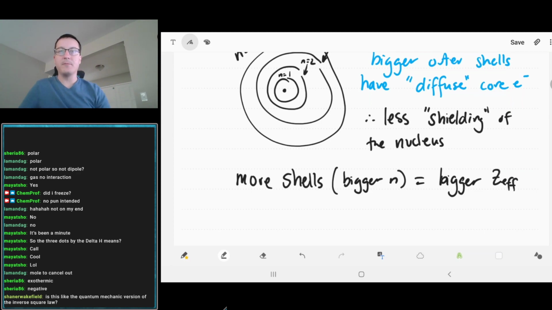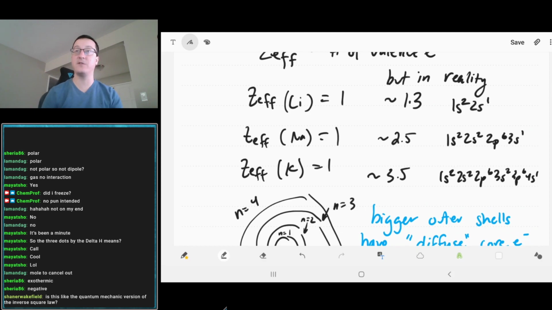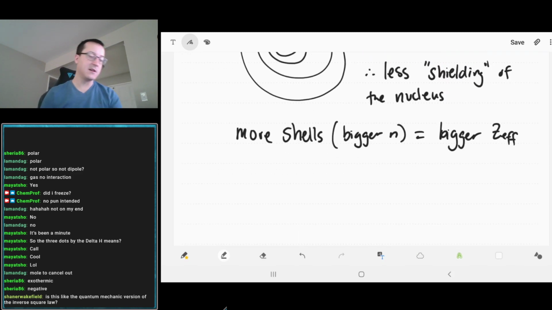Okay. The point of this, though, was bigger n means bigger effective nuclear charge. We are not going to calculate this, so we're going to be using our Z as if it were 1 for these ones. But it's important to understand that the bigger your atom is, the more shells you have that are occupied, the bigger your effective nuclear charge is going to be.